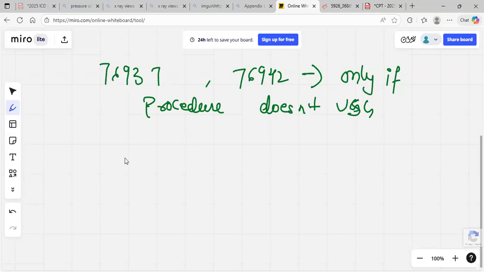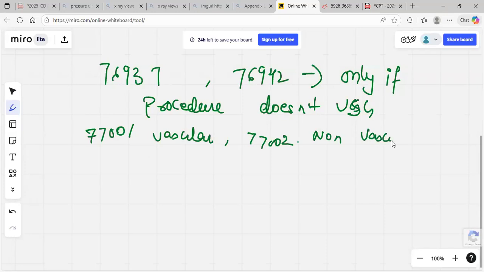Next section we have for the guidance, fluoroscopy guidance. For fluoroscopy guidance, we have two codes, 77001 for the vascular access, and 77002 for non-vascular. And for spinal, we have the specific code 77003.